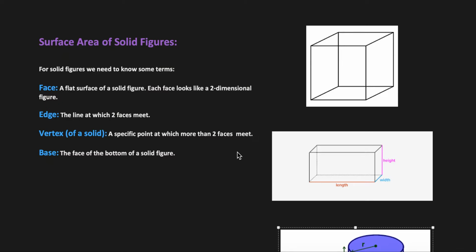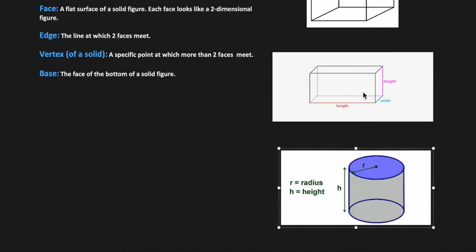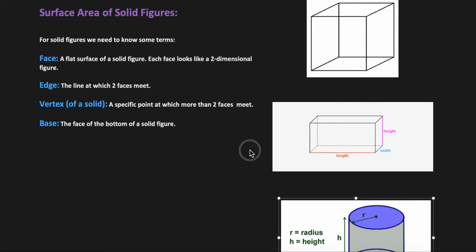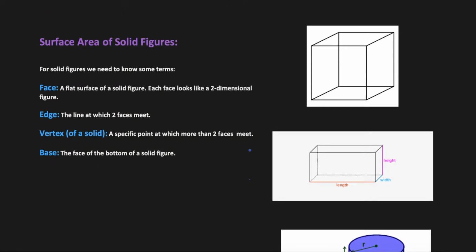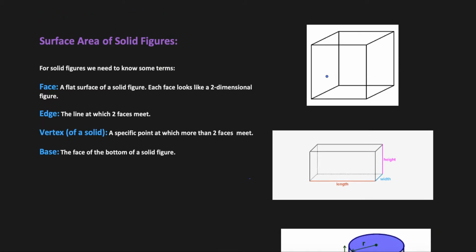This week we will discuss solid figures, which are also known as three-dimensional figures. We'll concentrate on finding surface areas for a couple of solid figures. If you can recollect, the basic solid figures that we usually come across are a cube.